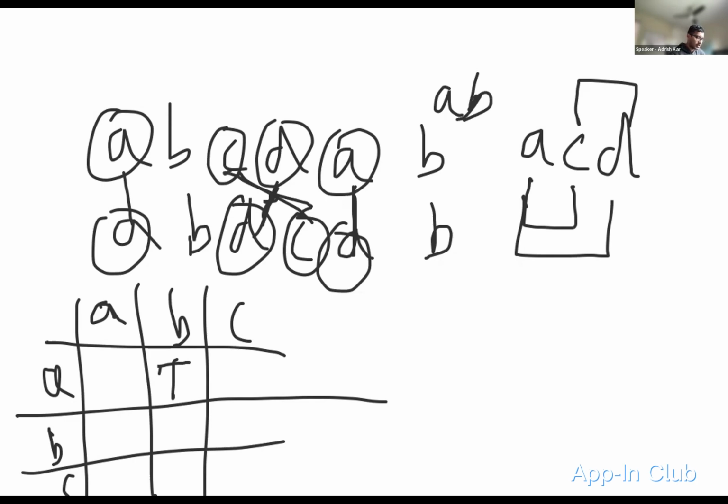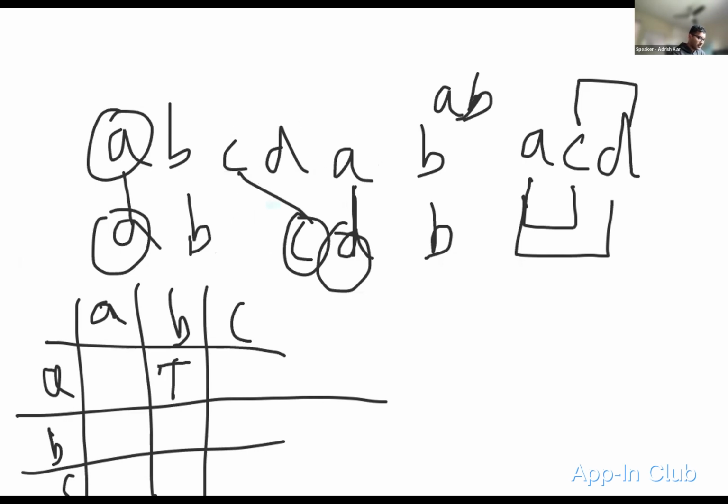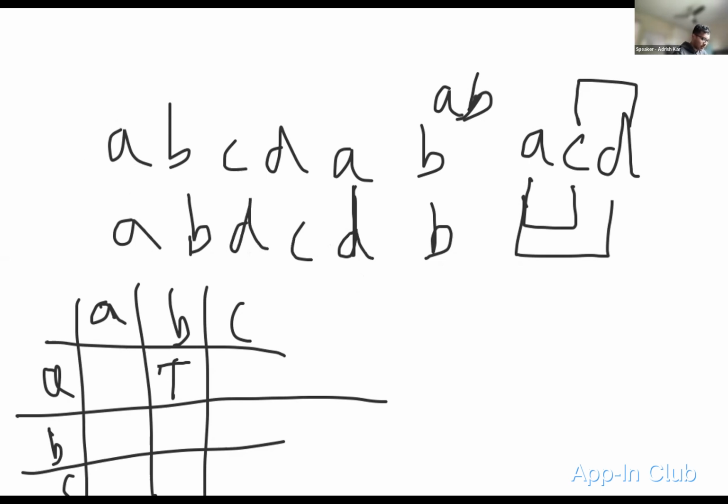So in this case, when doing pre-processing for all the strings, we can see that AD is equal, so I can put this as true. AC is also equal.